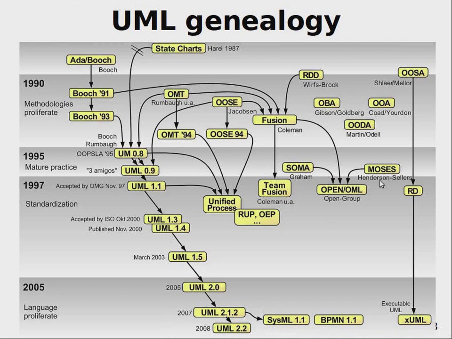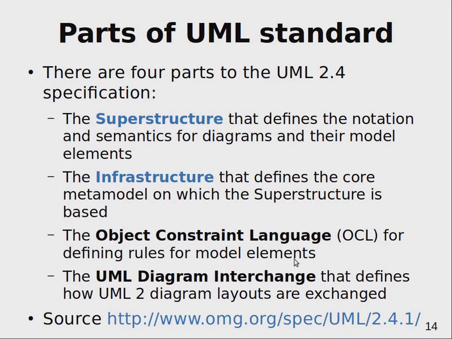Before that there was a big zoo of different things, but after that there was one leading standard for describing these things. And of course, after the year 2000 or so, another competing notation was also standardized, called BPMN, the Business Process Modeling Notation.